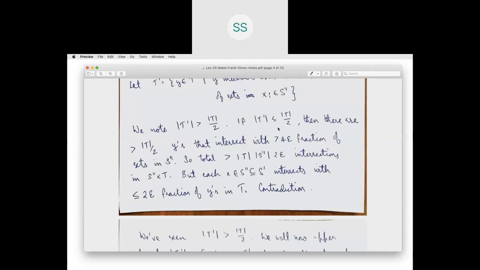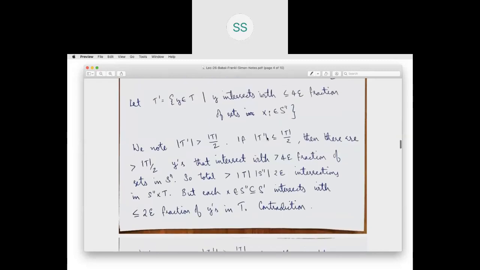But if T prime is at most T by 2, then that means that more than T by 2 Y's intersect with a greater than 4 epsilon fraction of the sets in S double prime, and this gives you more than T times S double prime times 2 epsilon intersections in the rectangle S double prime cross T. And that is a contradiction to what I just said earlier, because each row has at most 2 epsilon fraction of zeros.